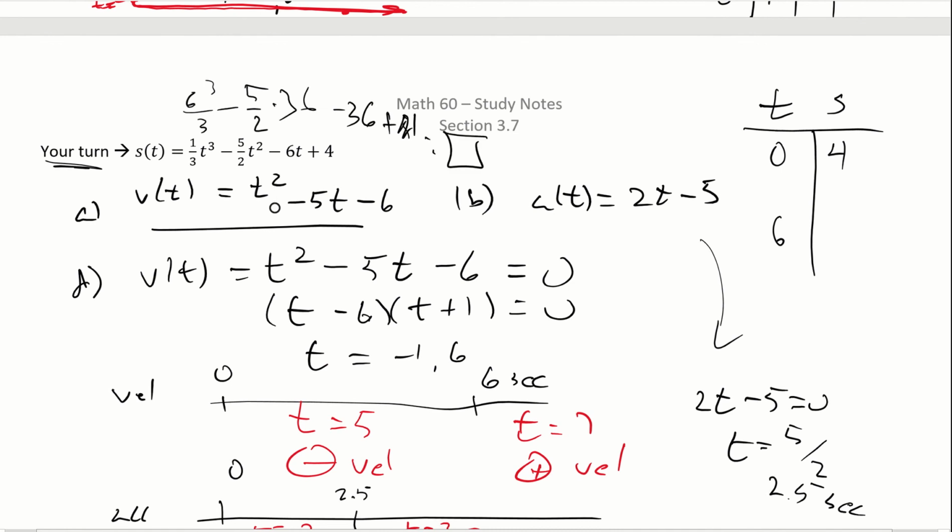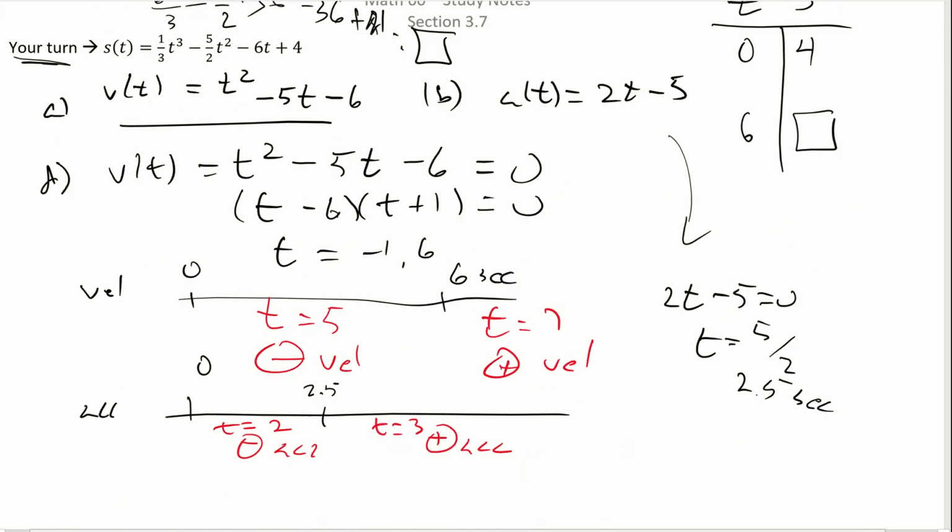Whatever that number is, put it here. I don't know what it is. That's 36 and 90, 108, minus 5 times 36, and then minus that. Okay, it's negative. That's all I can tell you.